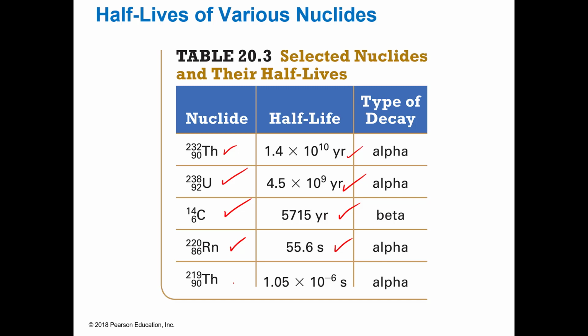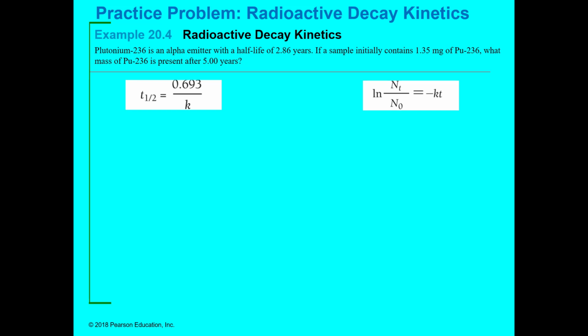And thorium-219, almost a nanosecond, right? Microsecond is what that is. So that's super fast. So it runs the gamut, and each one is different, and it depends on how it's rearranging that nucleus when it emits that alpha particle.